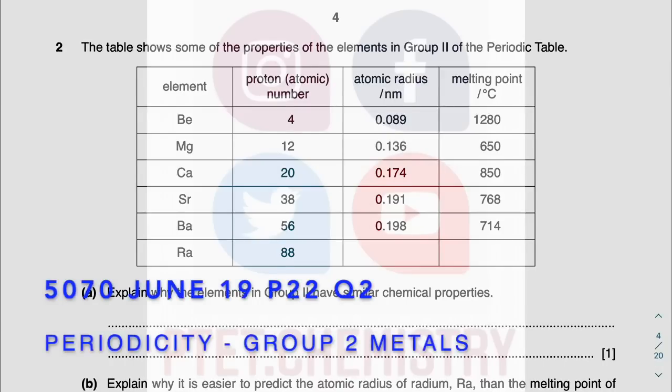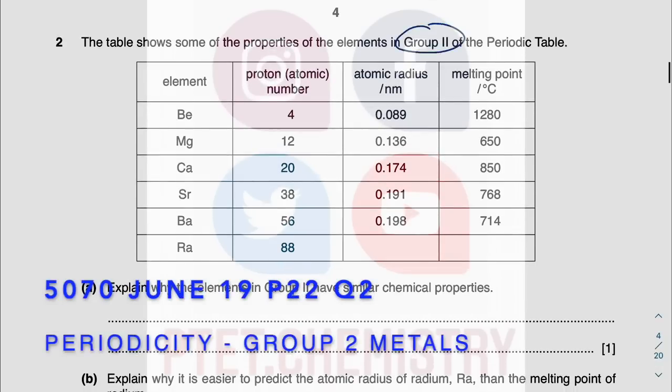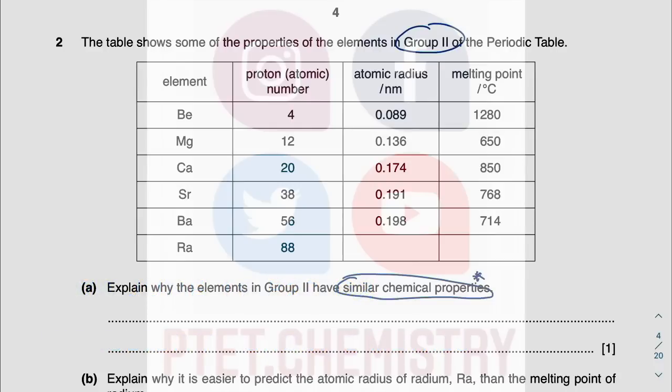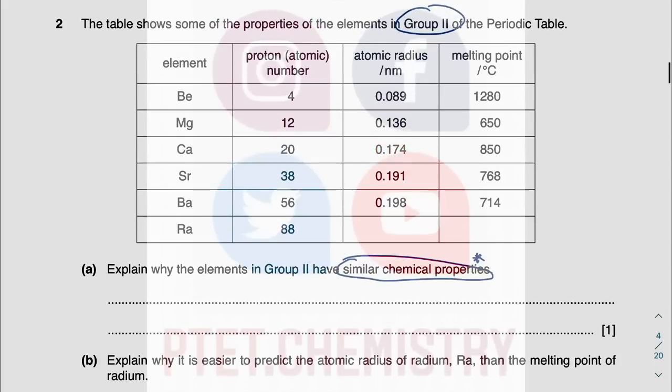Next bit, they're asking you about group 2 chemistry. They ask why they have similar chemical properties. In chemistry, we talk about chemical reactivity, and it all comes down to your group number and also your period, because it depends on the number of valence electrons, the number of outer shell electrons you have.